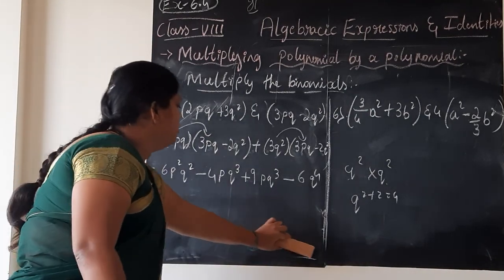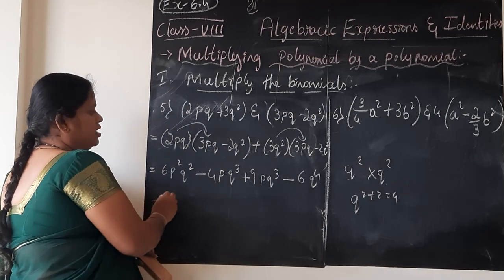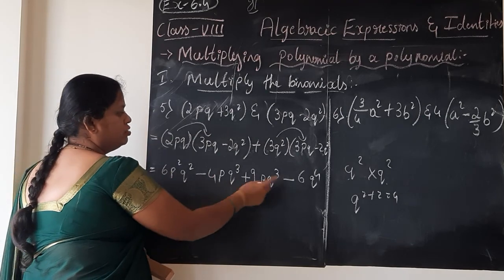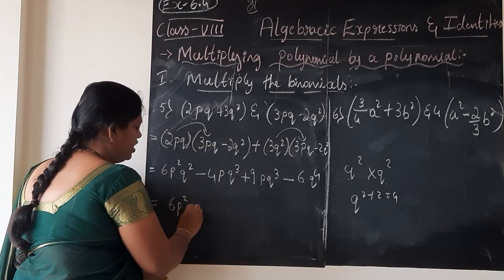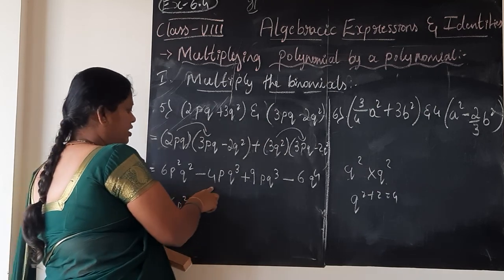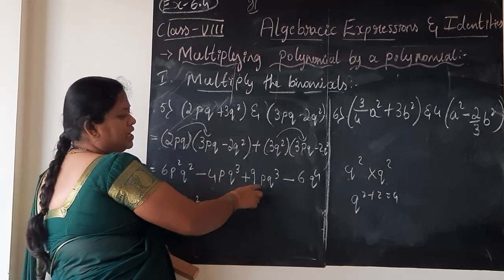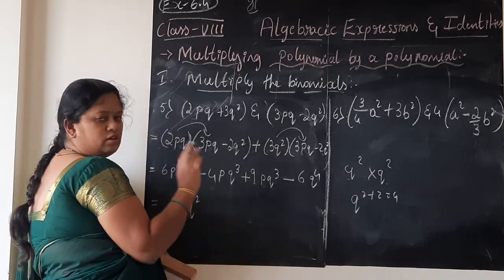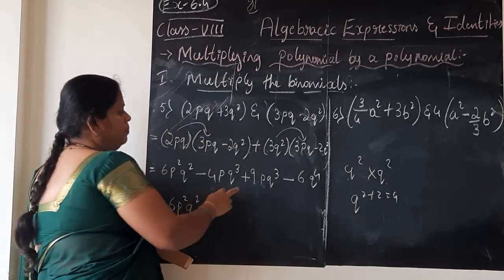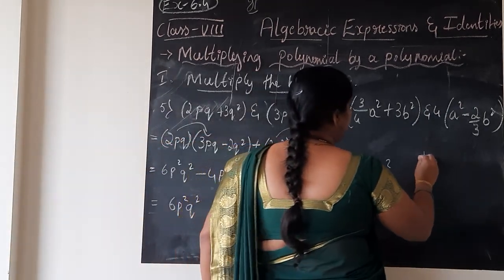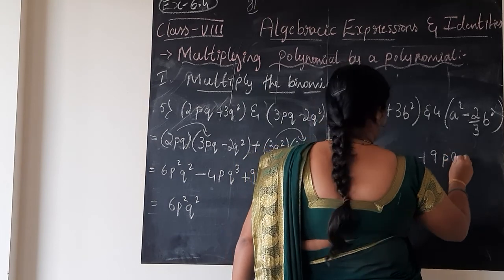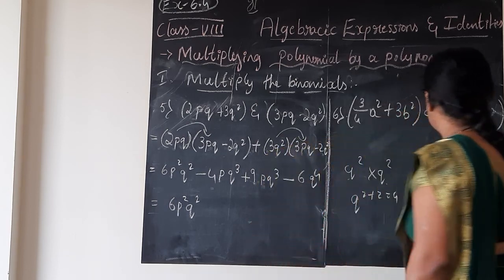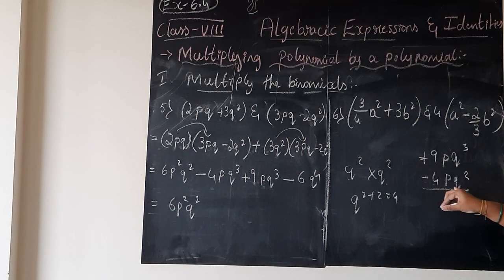Now next step is finding whether there are any common variables so that we can add them. Do I have p square q square? No. So I will write 6p square q square as it is. Next term, if you observe children, pq cube, pq cube. Hope now you have understood why I wrote in the same order. Suppose if you have written q cube p also, no problem, you can multiply. Now I have plus 9 pq cube minus 4 pq cube.